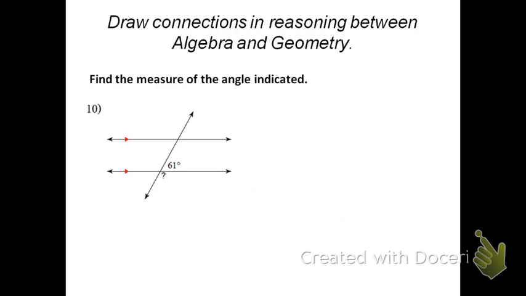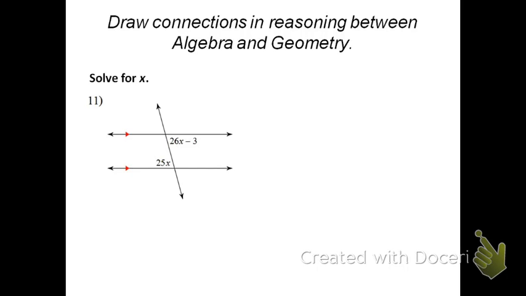So, alright. Now, for 11, getting back to drawing connections and reasoning with algebra and geometry, we need to solve for x. So, with the 25x angle and the 26x minus 3, that is that zigzag angle. It's maybe a backward Z, but it still is that same shape.